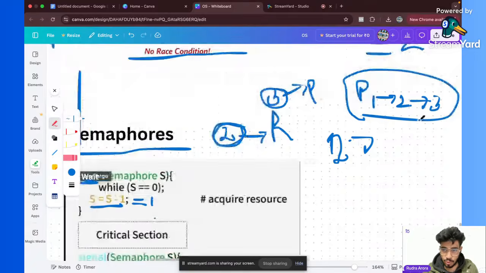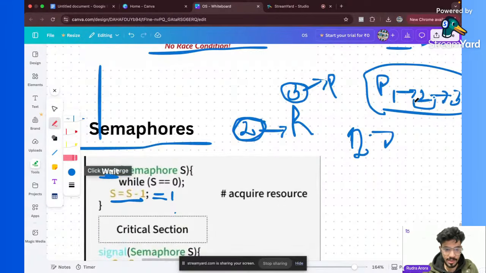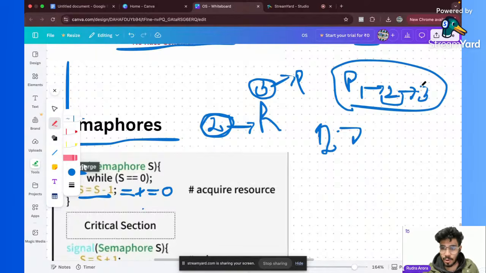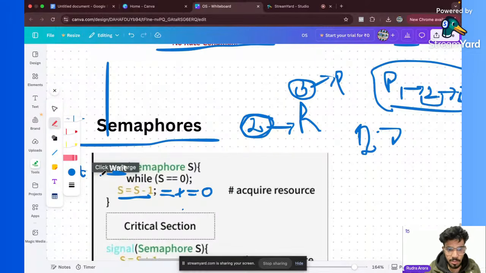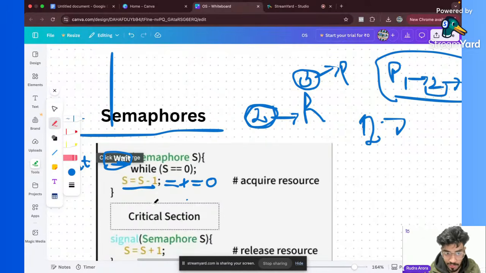After that P2 will enter, and s will become 0 here, s minus minus. When process 3 enters, it will call the wait condition as it wants the resource. You can think that wait is called by the process when it wants the resource from the critical section. So it will get stuck in this loop.